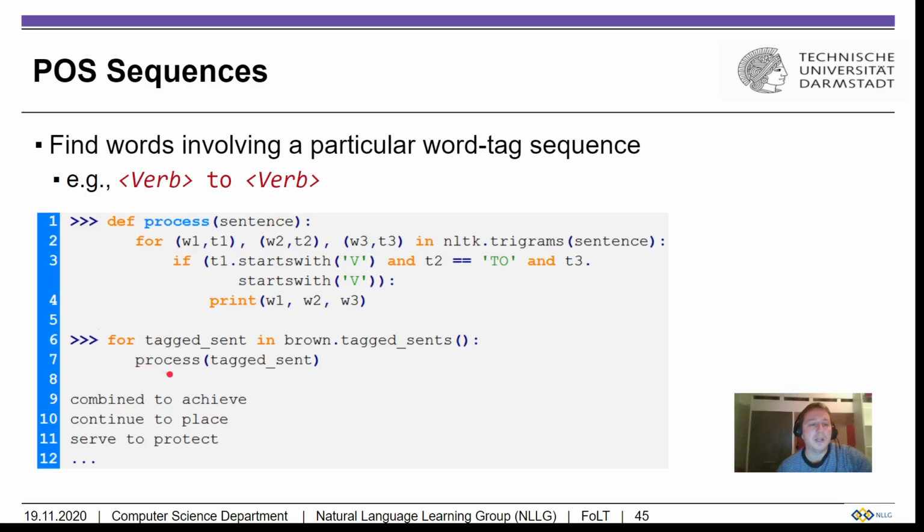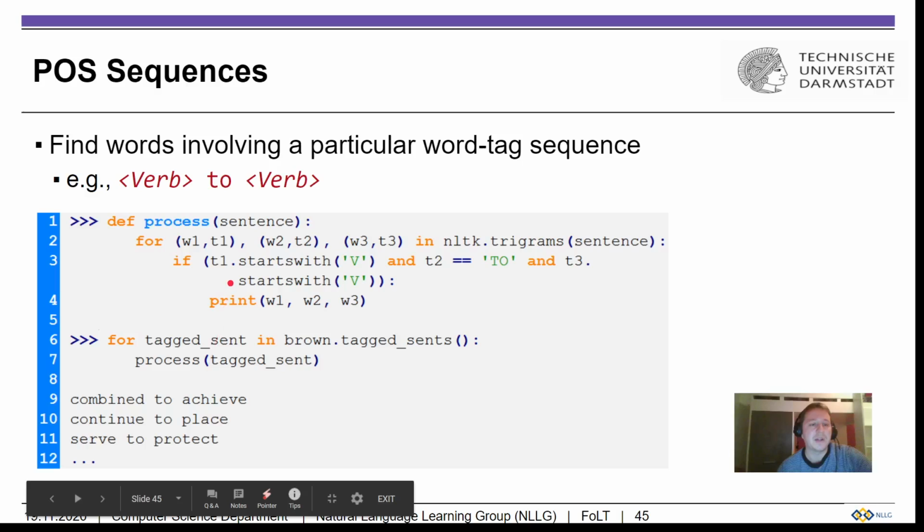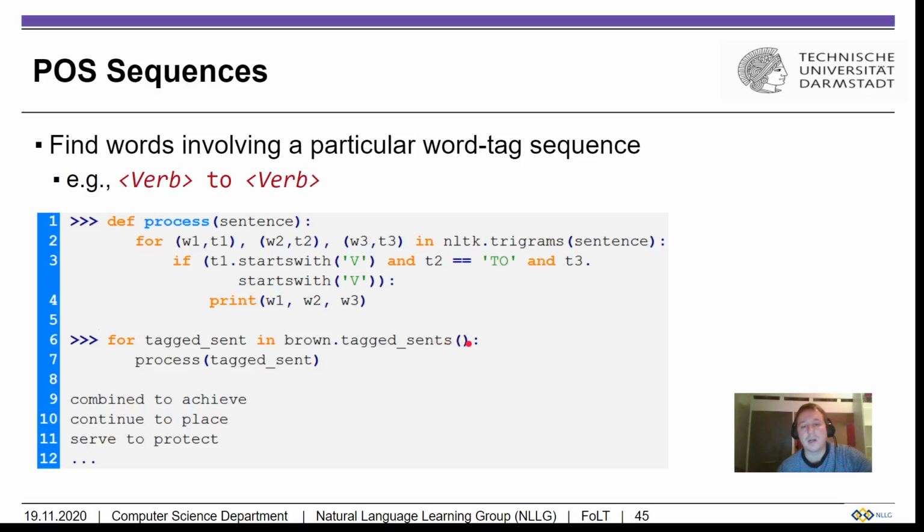And how can we find that out? We're going to go over tagged sentences, process each sentence, and check trigrams in the sentence. So trigrams are three subsequent items, each one consisting of a word and its part of speech tag.